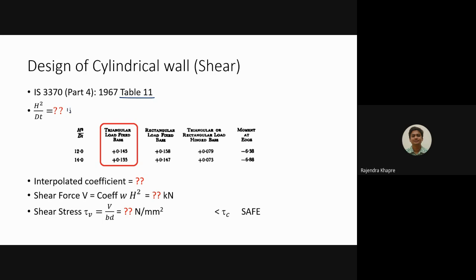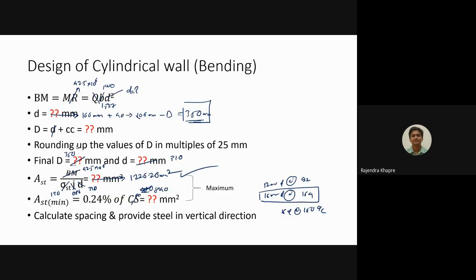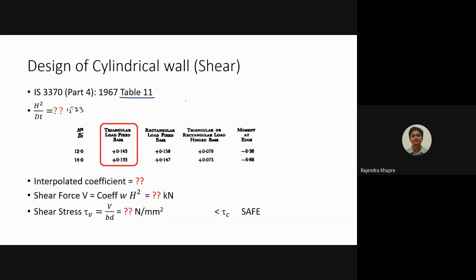This h square by dt value is 15.23. 15.23 के जगह अभी हमको थोड़ा सा दूसरा वैल्यू लेना पड़ेगा, because I have done the calculations in the background and found that the thickness of 400 mm is sufficient. So your h value will be 8, square, d value will be 12, and t will be 0.4. How much is the h square by dt value? कितना आ रहा है?